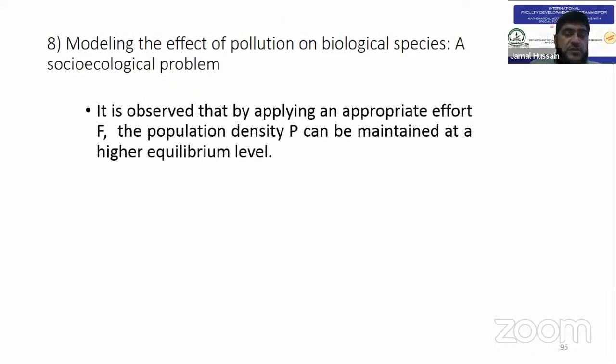What is observed is that by applying an appropriate effort F, that is not here, I think, I forgot to include. So there is an effort to control the pollution that can be put in place. The population density P can be maintained at a higher equilibrium level. So by putting some effort, you can maintain the population.